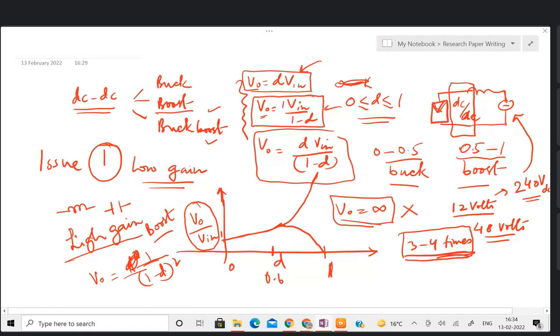Okay. So this is about the topology. You have to develop newer topology to have a configuration in which you can obtain a very high gain output from a given input voltage. So that is high gain boost converters.